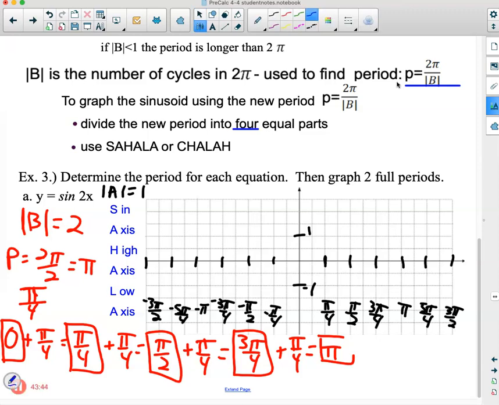Time to sketch. So, sine is axis, high, axis, low, axis, high, axis. And then I run out of space over there, and then we go backwards, following the pattern. And we make ourselves a nice smooth curve.